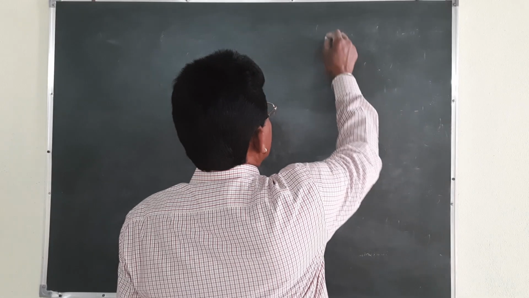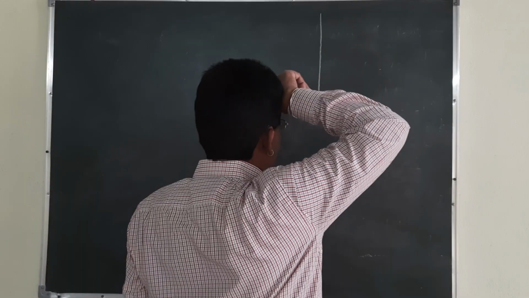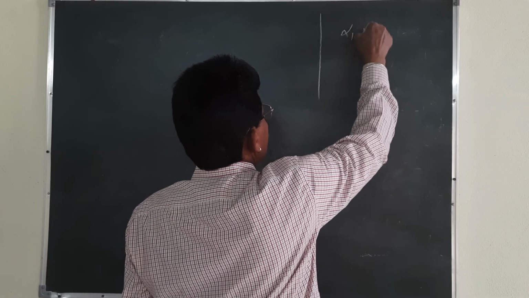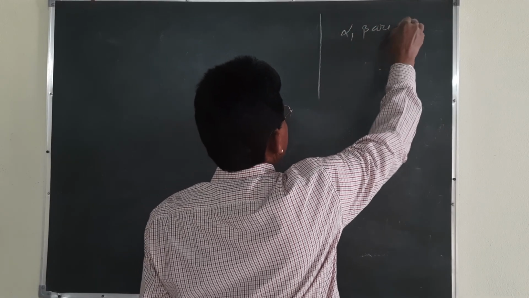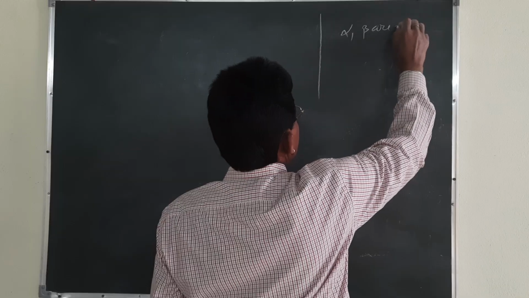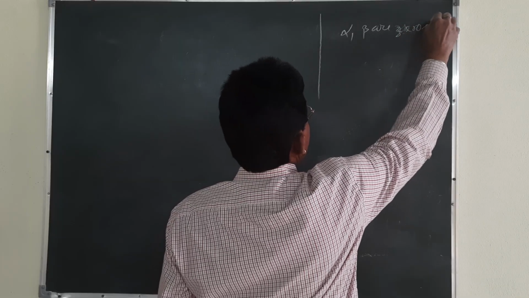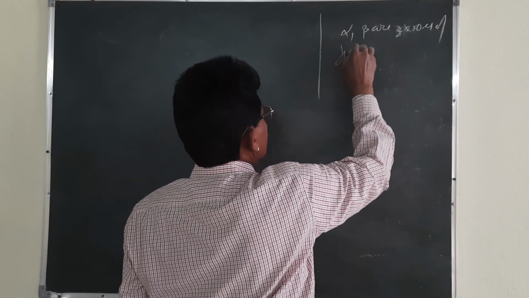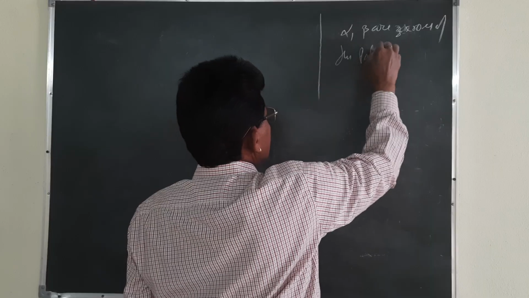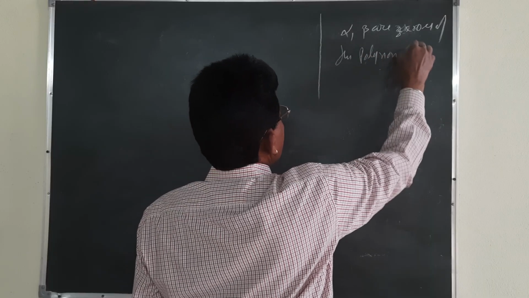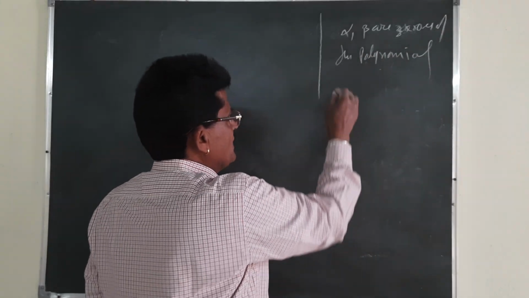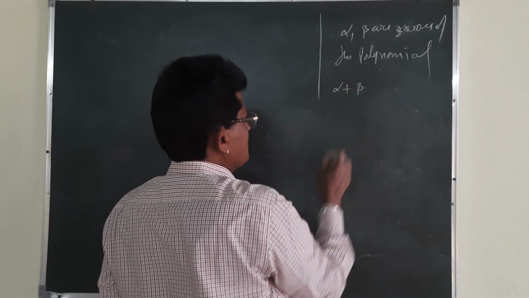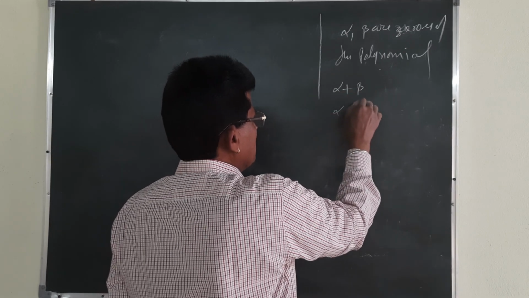If suppose alpha, beta are the zeros of the polynomial, then the sum will be given, alpha plus beta, and the product will be given, alpha into beta.